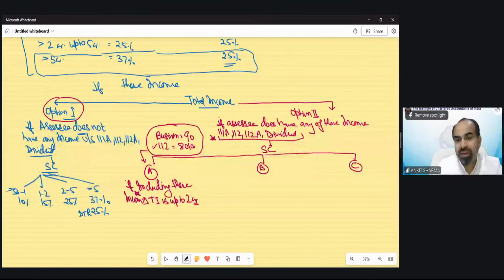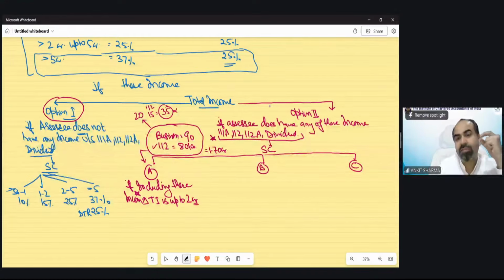Clear? So my total income is 1.7 crore. Of course, for applicability of surcharge, the total of these two incomes must exceed 50 lakh rupees. Suppose the business income is only 20 lakh rupees and 112 income is only 15 lakh. That means your TI is 35 lakh. Up to 35 lakh, there would not be any surcharge. Surcharge is applicable only after exceeding 50.